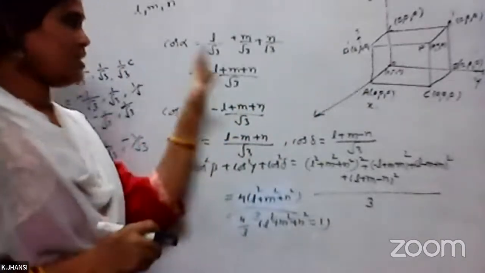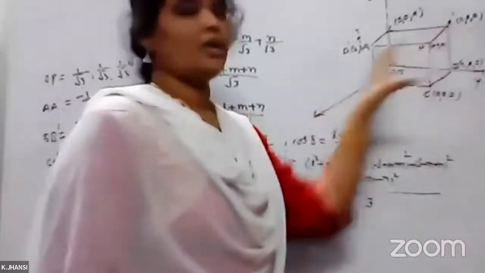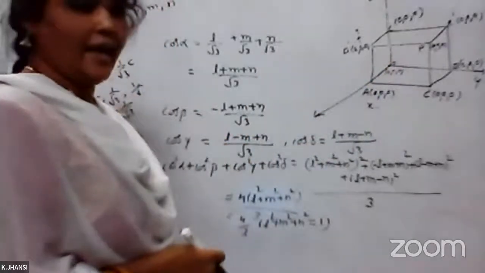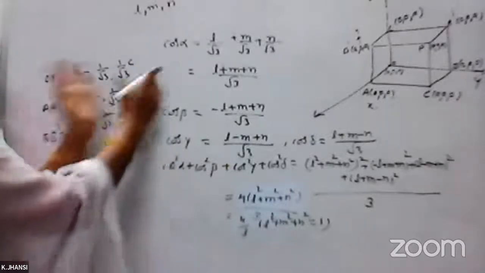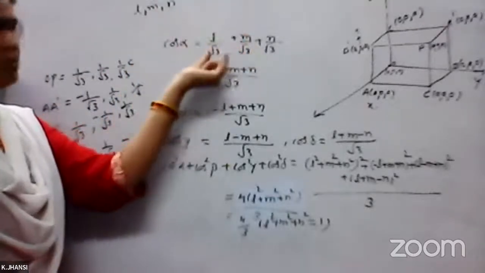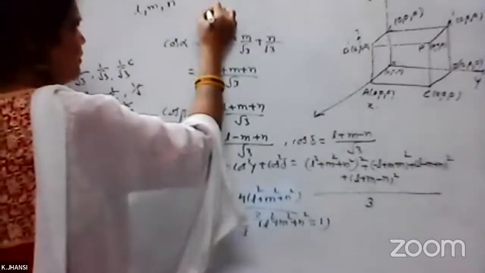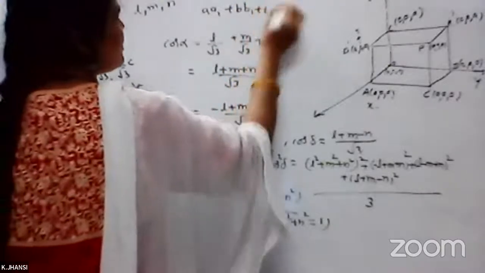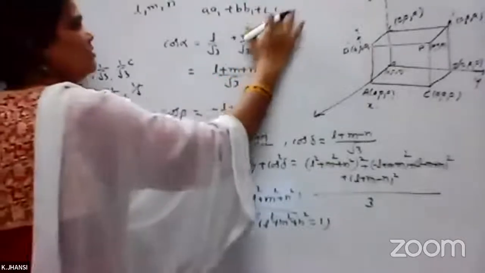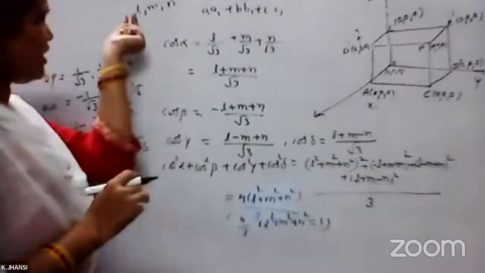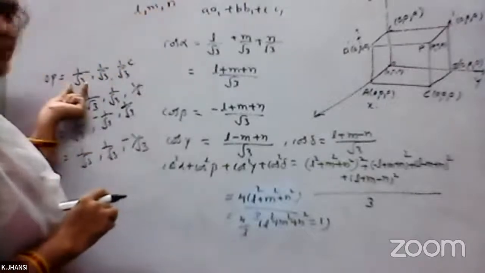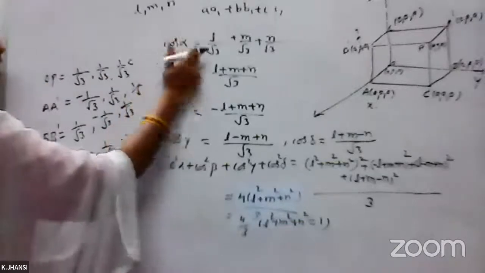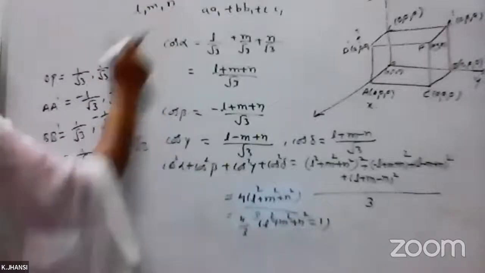So like this, first you find the points, and you find the direction ratios with the help of subtraction of OP, A dash and so on. Once you get these values, then you can take L comma M comma N as the direction cosines, and with the help of the formula A into A1 plus B into B1 plus C into C1, you multiply L comma M comma N with these. So for OP, if the angle is alpha, then cos alpha equals L into this one, M into this one and N into this one.